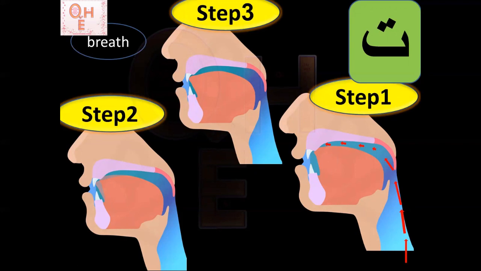It should be a natural way. It should be at. This is a natural way. Don't put a lot of effort to make the hams and say ats or ats. Both of them are wrong. Okay, it should be a normal way. Inshallah, this is clear and easy for you.